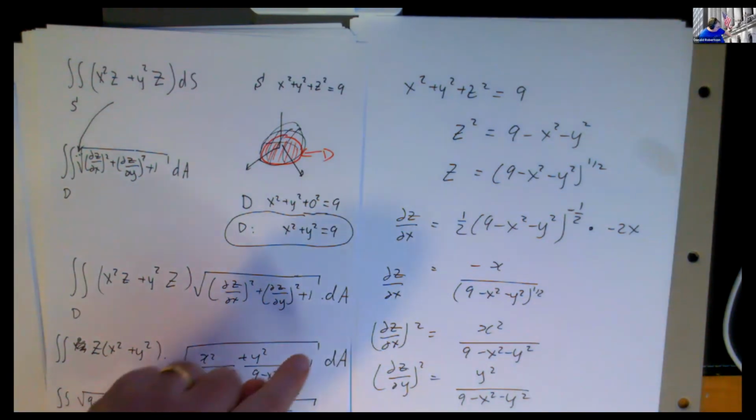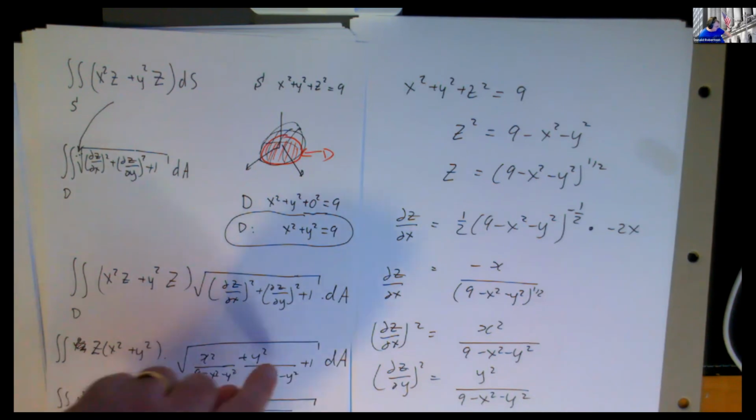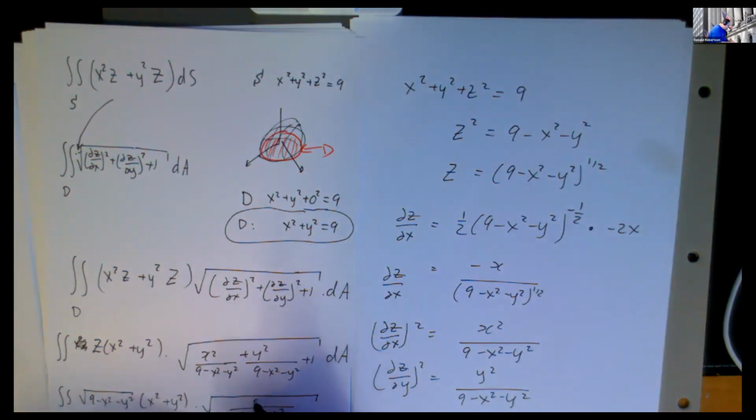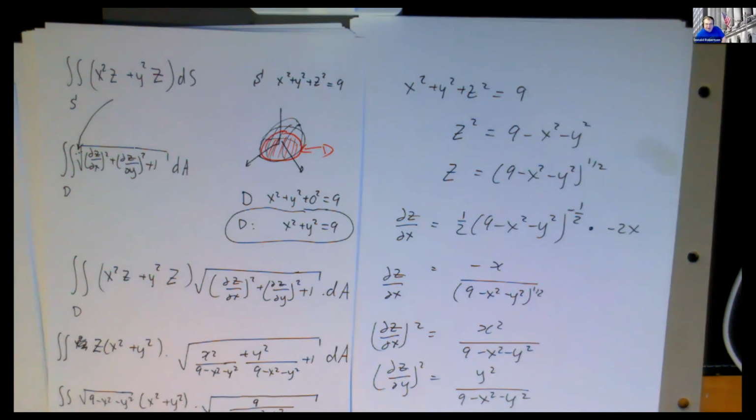If I want to add 1 to these two fractions, don't I need to convert the 1 into a very special version of 1? 9 minus x squared minus y squared over itself. But they cancel out those two guys, and can you trust me that when you're finished, you just get a 9?